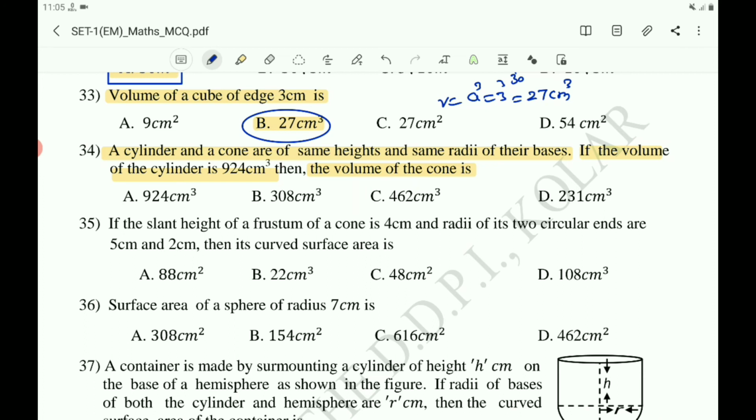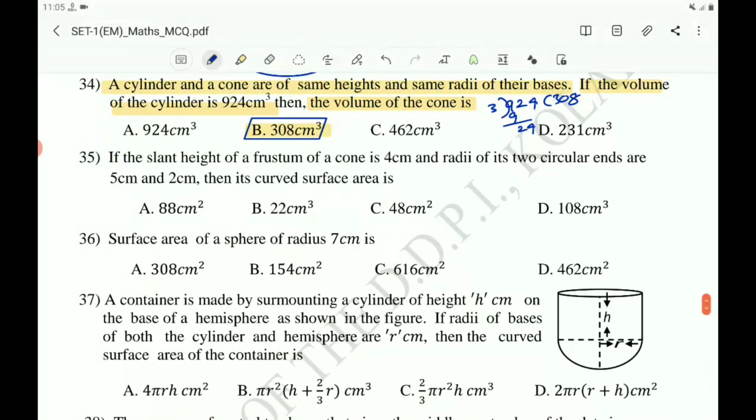So 924 divided by 3, you will get 308 cm cube. Option B is the answer. This type of question is also solved in many question papers. You go through that and practice.